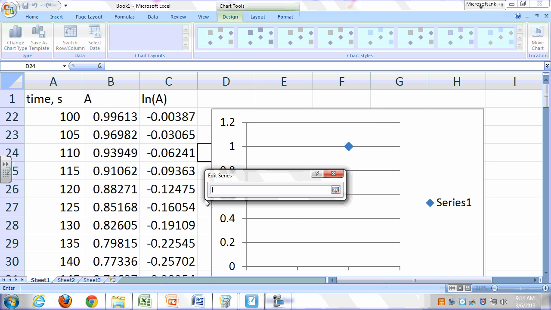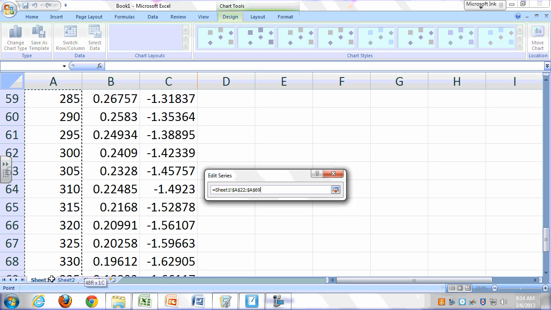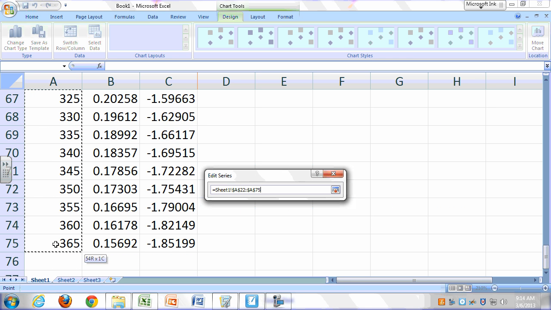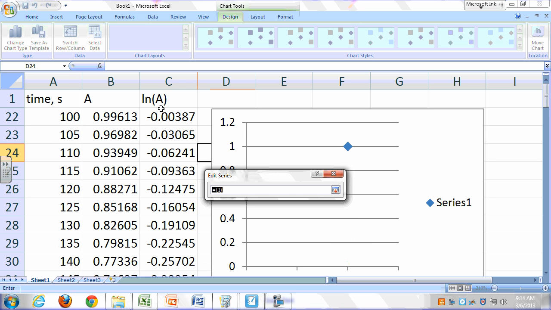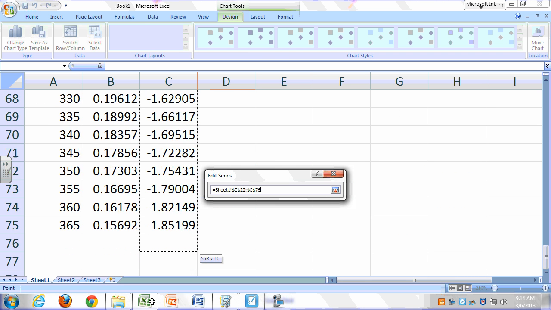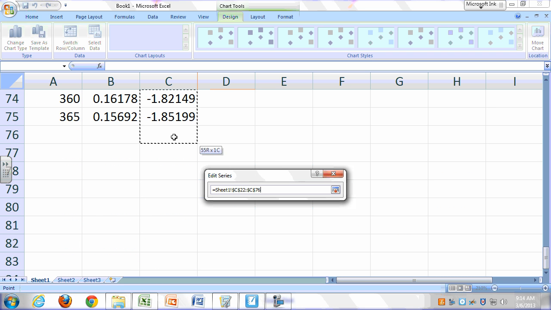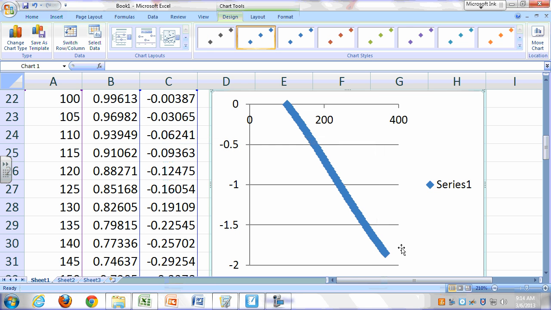X values would be time, from 100 seconds to 365 seconds. And my ln of A would be my Y values. And we've got ourselves a straight line.